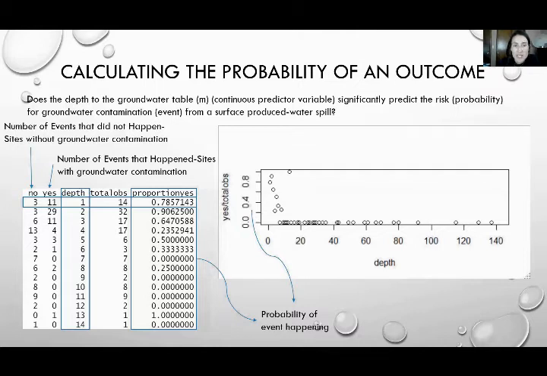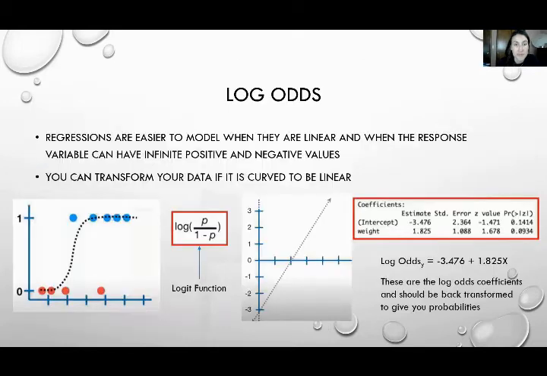And when we look at the distribution of data across depths, you see it's clearly not linear. It would require some sort of different equation in order to make that linear so that we could calculate a risk. And that leads us back to log odds.